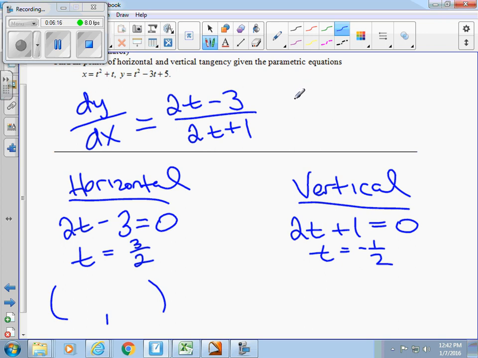I don't know if this was a calculator question or not. So x of 3/2 would be 9/4 plus 3/2. Everyone know where I got that? This is 6/4, so 15/4.